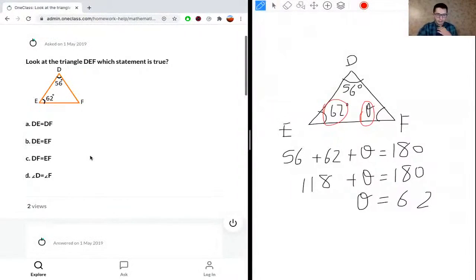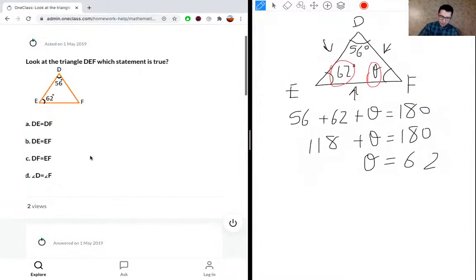Knowing this, we can also think about how these lengths relate to one another. Are they the same size? Are they different sizes? We can use the sine law.